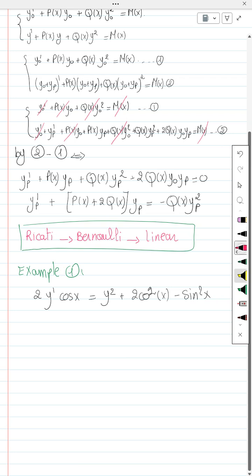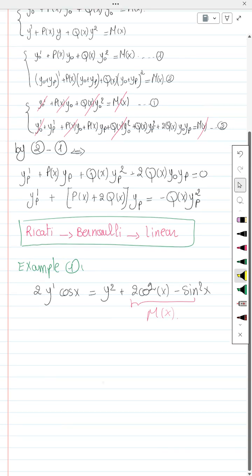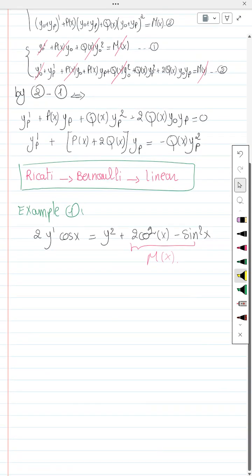As you can see here, this is our r(x), or what we have called it. So this is a Riccati differential equation, and it says to verify that sin x is a solution for this equation.